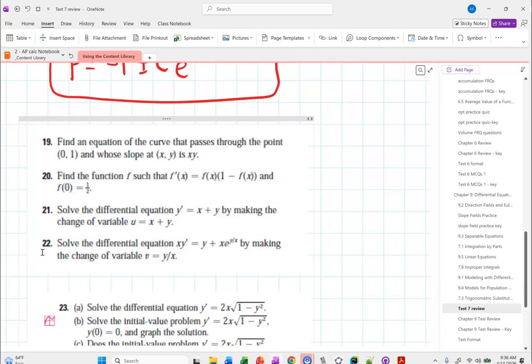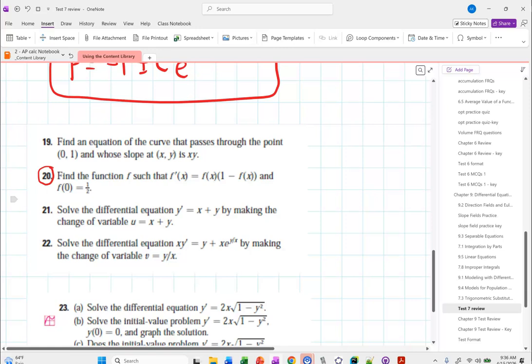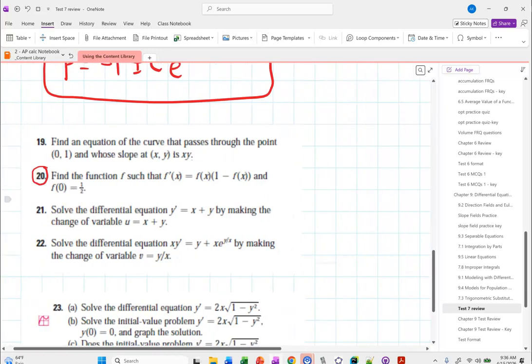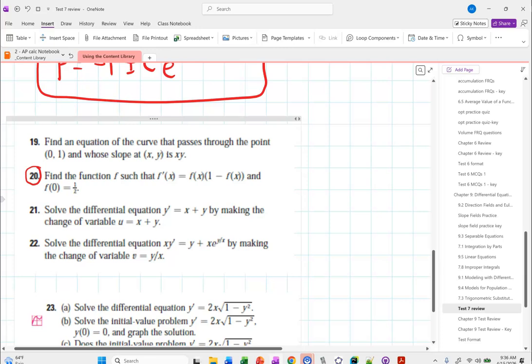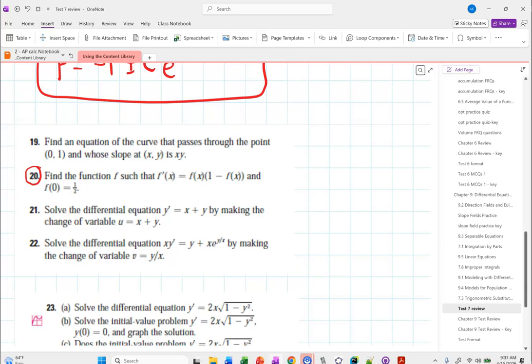Well, I don't know that we really need to do, I wouldn't worry about the change of variable problems. Let's try 20. So it says, find the function f such that f prime of x is equal to f of x times 1 minus f of x, and f of 0 is 1/2. The first thing that I would do with this is rewrite it in terms of y's, x's, and dy dx's, because that to me feels easier to do a separation of variables with.